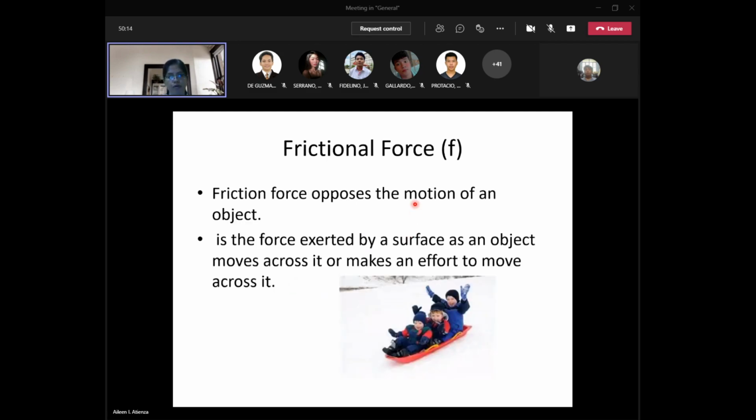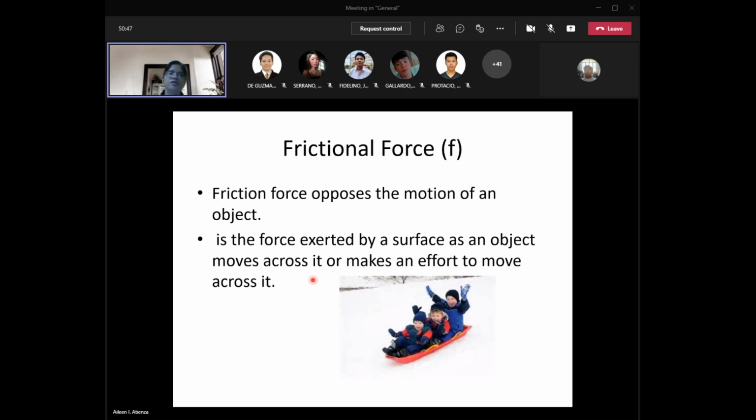Now, another type, we have the frictional force. The frictional force opposes the motion of an object. When you're trying to have friction, you are having this force exerted by a surface as an object moves across or makes an effort to move across it.